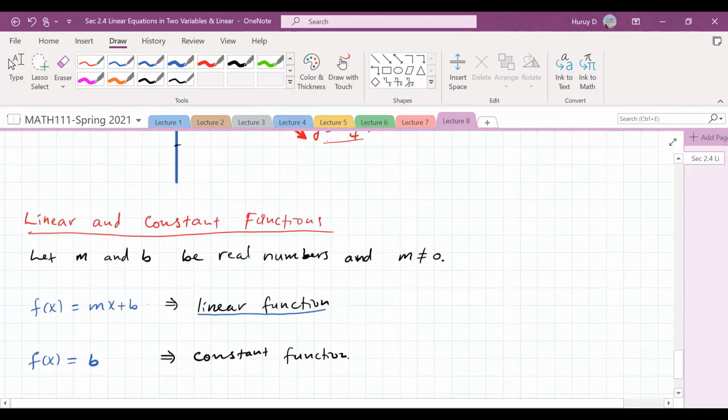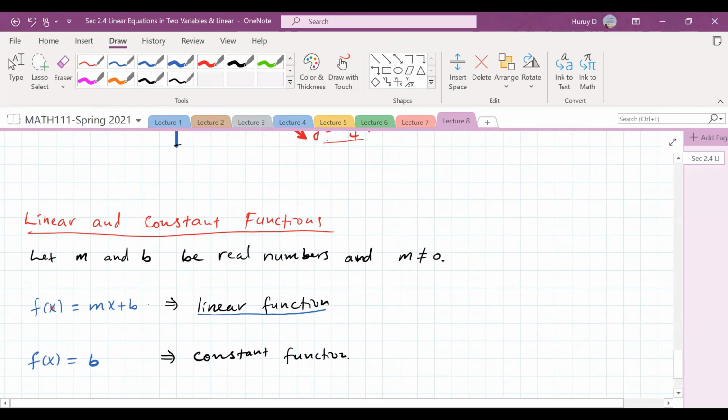All right. Now we've seen this as an equation, and we learned functions in our last lecture. So here we can just use the function notation instead of the equation, and we replace the y by f of x.